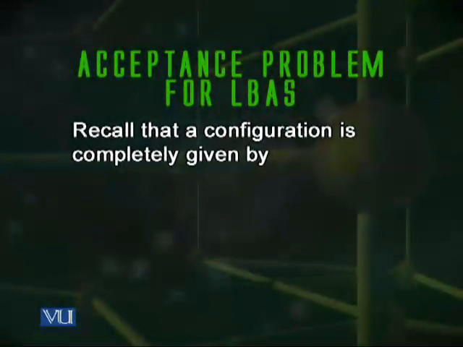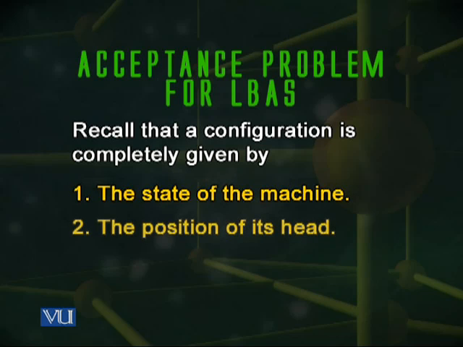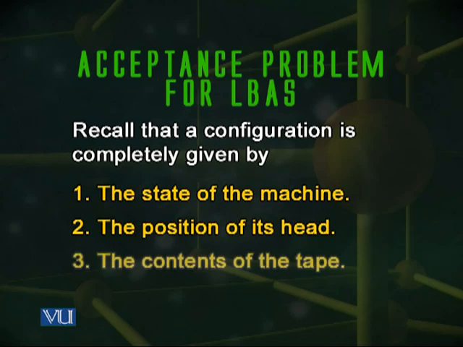Why is this? Well, let's recall what a configuration is. A configuration is completely defined by the following three things: A, the state of the machine, B, the position of its head, and C, the tape contents. So you have to tell me what state the machine is in, what are the contents of its tape, and which symbol is being scanned by its head.